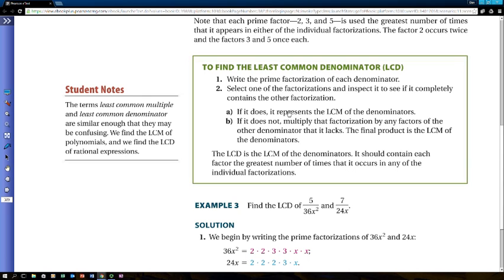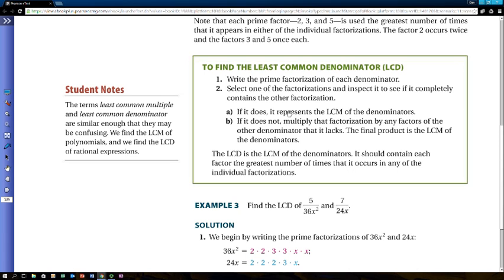So they tell us this practice, or how this will work. You can write the prime factorization of each denominator. Two, select one of the factorizations and inspect it to see if it's completely contained in the other factorization. In other words, is the other factorization a multiple of that other one? If it does, it represents the LCM of the denominators.